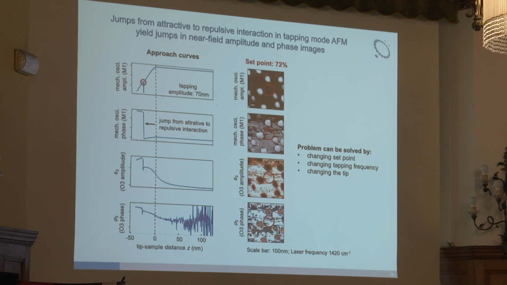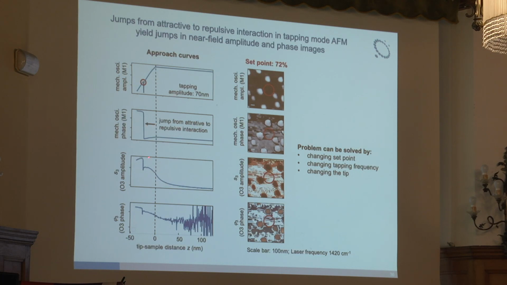So how can that go? If you look at the mechanical phase, which Lucas was mentioning, there's a huge phase jump. First, if you come into contact, the phase becomes negative, and then it jumps, and suddenly it's on the positive side relative to the free oscillating phase, okay? And that's the optical signal here. We see this typical increase until here, and that's where we typically show it.